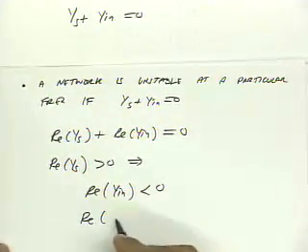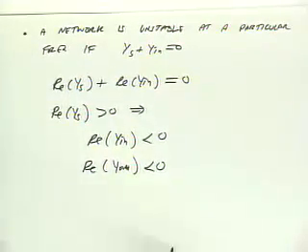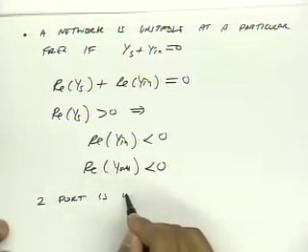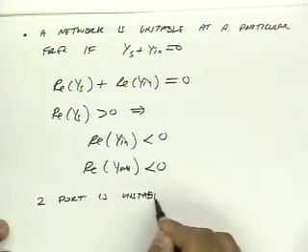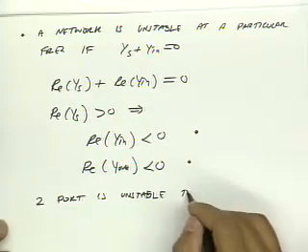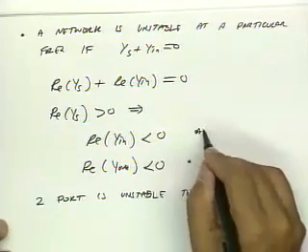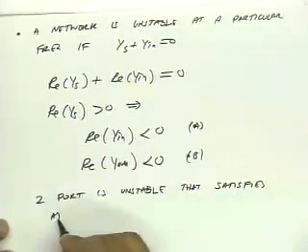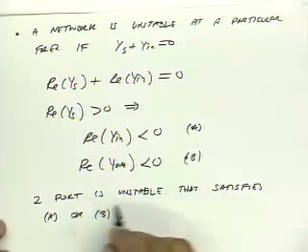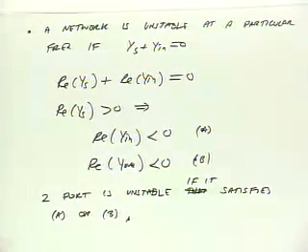And using the same argument, it implies that this term is negative. So if we have a two-port that has any of these two conditions satisfied, let's call this A and B, the two-port is unstable if it satisfies either condition A or condition B. Okay?